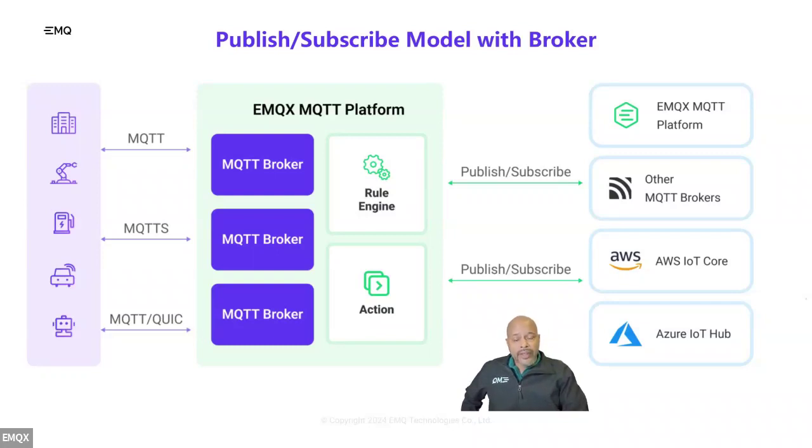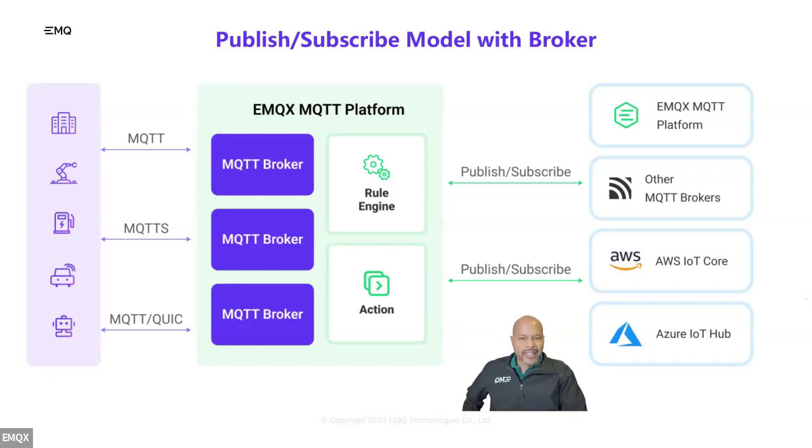So we talked about the publishers on the left here, which are your sensors. And you can see in the middle here sits the MQTT broker. You see several here because most of the time, especially at the enterprise level, we want to deploy these brokers in clusters, to be able to support any number of publishers or subscribers that you need.